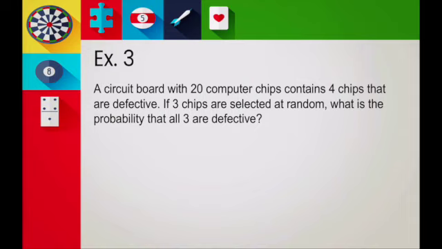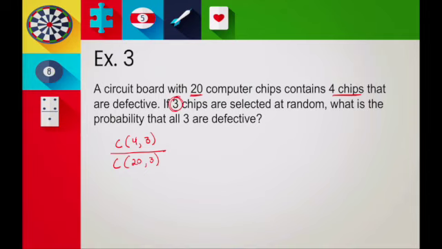So what we want to do here, and we're going to talk more about independent and dependent events in the next section, is the number of ways that we can pick 3 chips out of 4 over the number of ways that we can pick 3 chips out of 20. Right? Combination, because we're taking 3 all at once. The order doesn't matter because the chips are interchangeable.